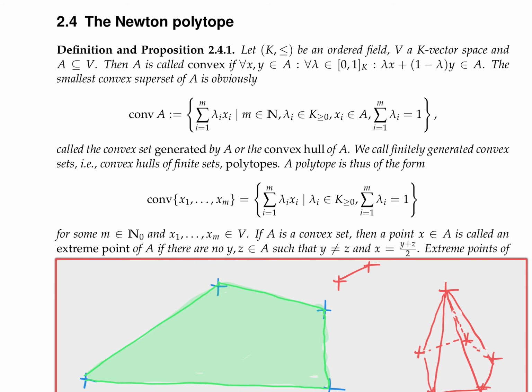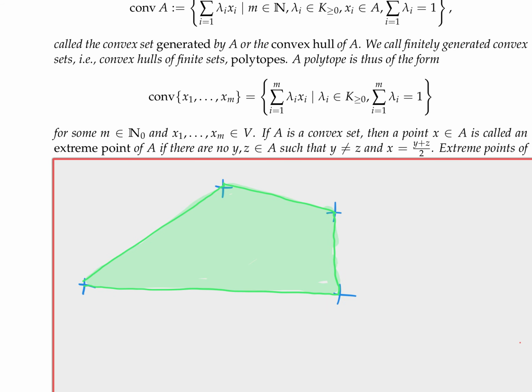if A is a convex set, then a point x in A is called an extreme point of A if x is not the midpoint of a proper line segment, a line segment whose endpoints are not the same. So let's see, what would be the extreme points in this example here.